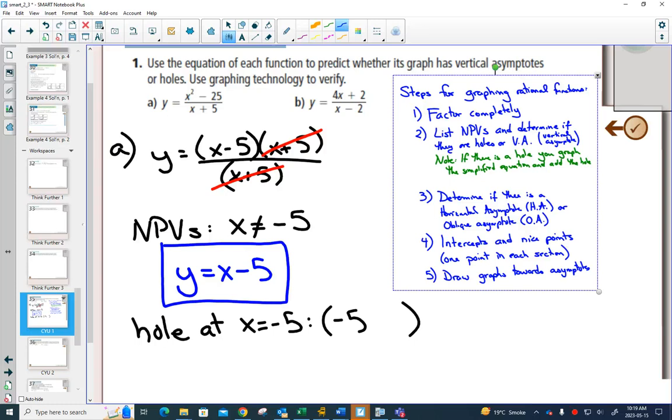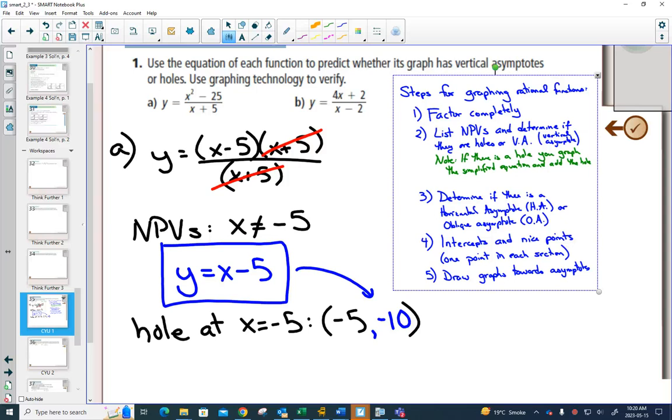And to find the y value of the hole, we get that from our new equation because we can now plug in -5 into that new equation. -5 minus -5 is -10.